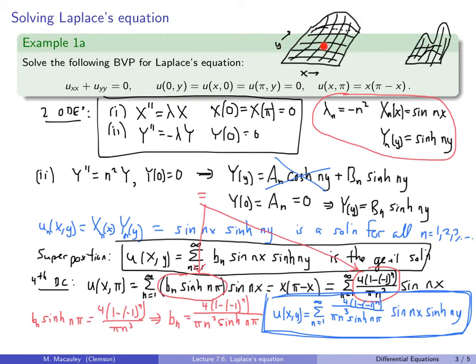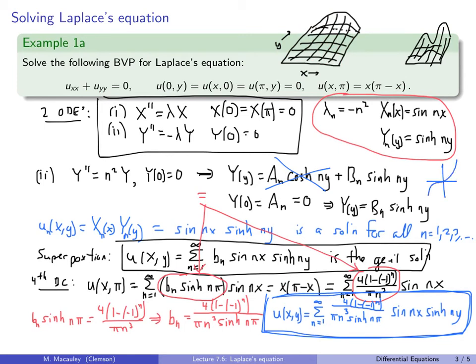Whereas in the y direction, we have a sinh function. So we could extend this thing to the whole xy plane by making this into a sine series in the x direction, again, down, up, down. And then in the y direction, it would be a sinh function. Remember, a sinh function looks like this.